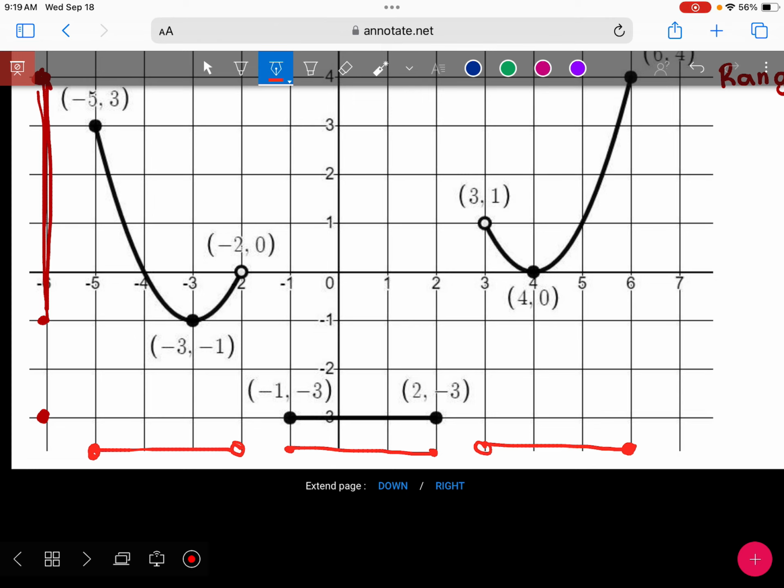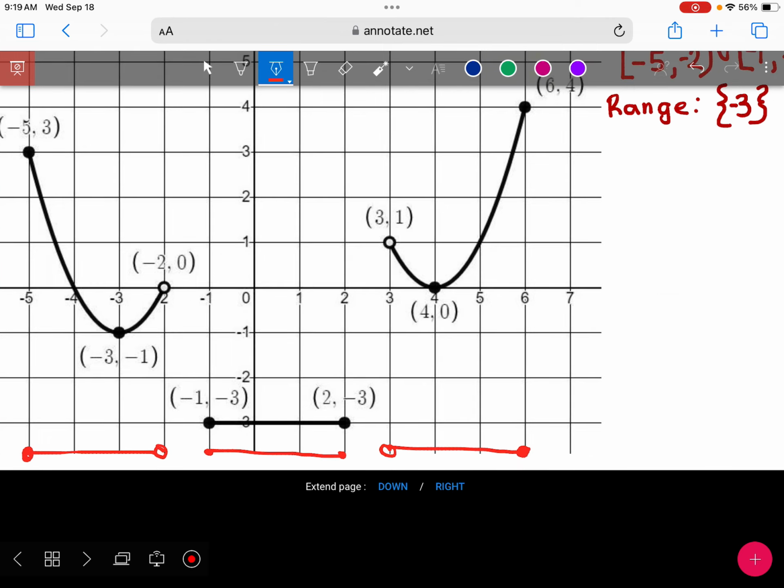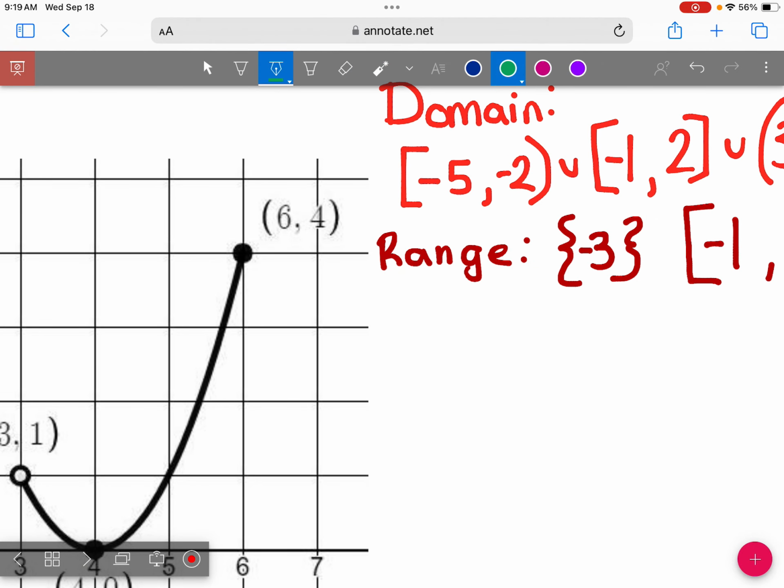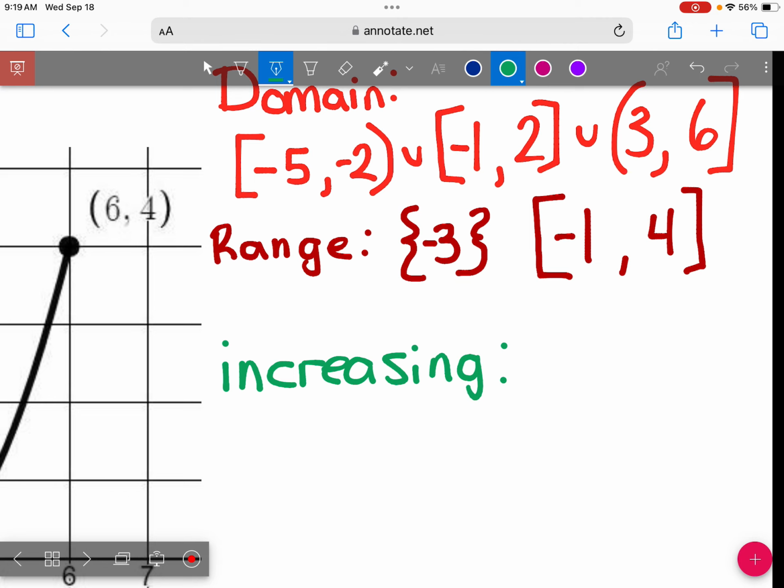Okay. Because the next thing we're going to look at is some intervals where it's increasing, decreasing, or constant. So I'm going to start with things that are increasing. And all that means when we talk about things that are increasing is they're going uphill.